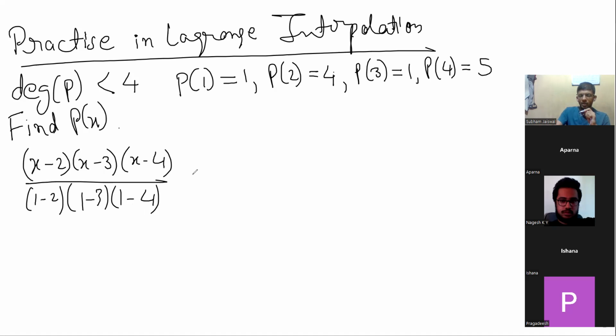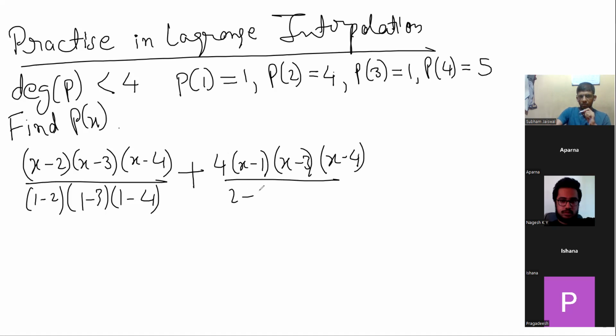Okay. So maybe, let's see. I want someone else to now tell the second term. Sir, the second one will be x minus 4 times x minus 1 into x minus 3 into x minus 4, by 2 minus 1 into 2 minus 3 into 2 minus 4.